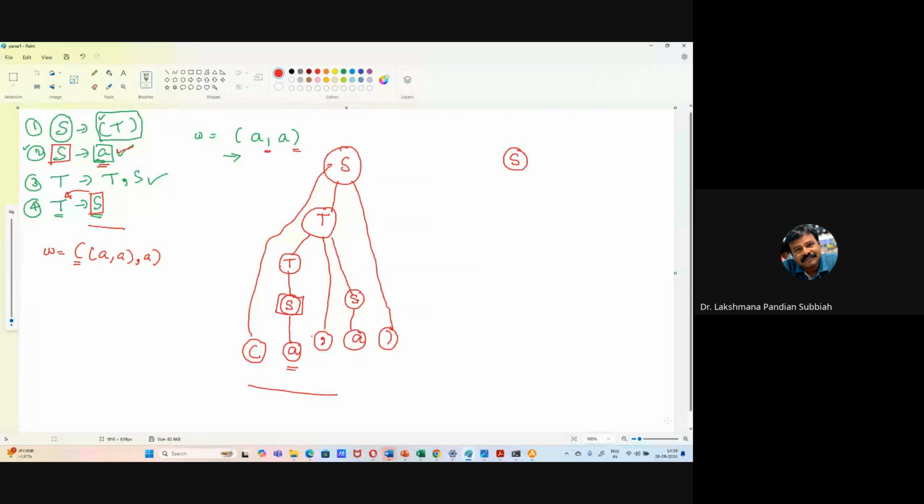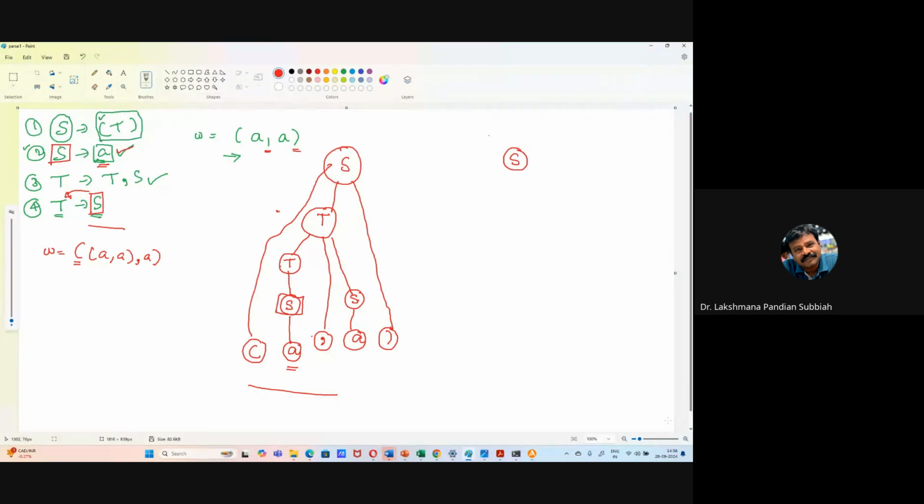S is a root, right? So root to leaf we are generating, that is top down parsing.